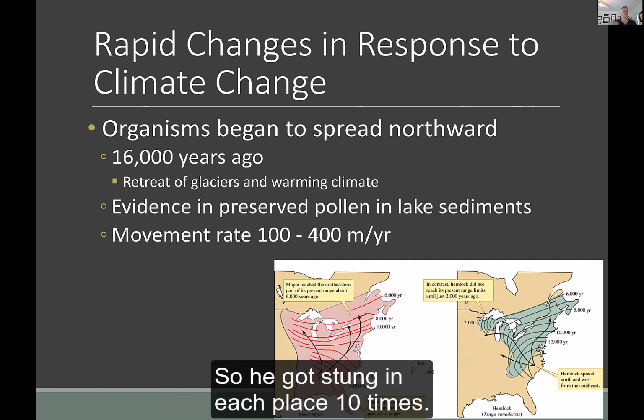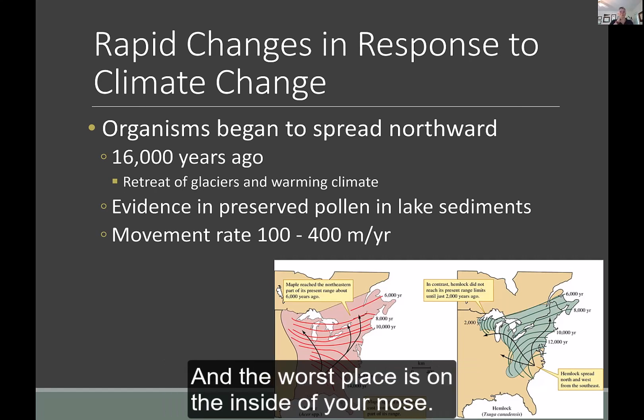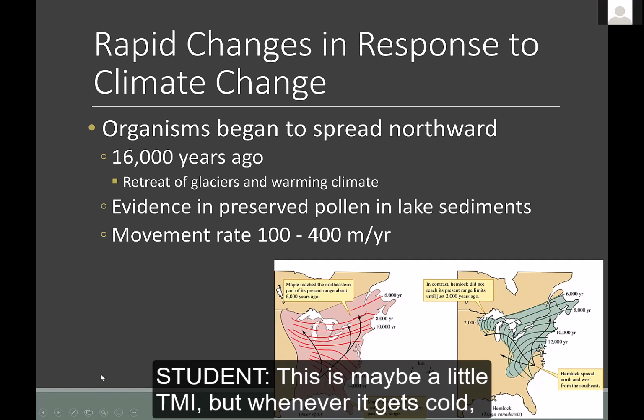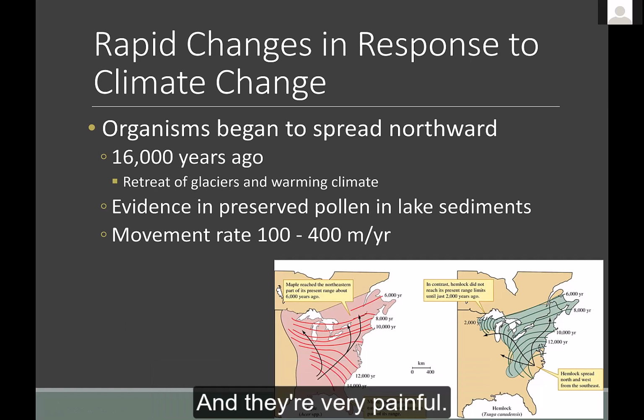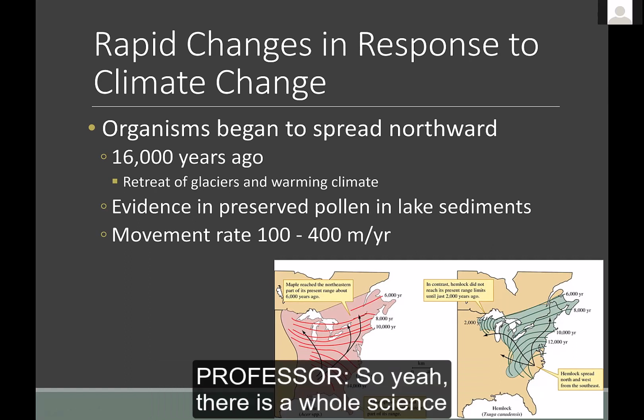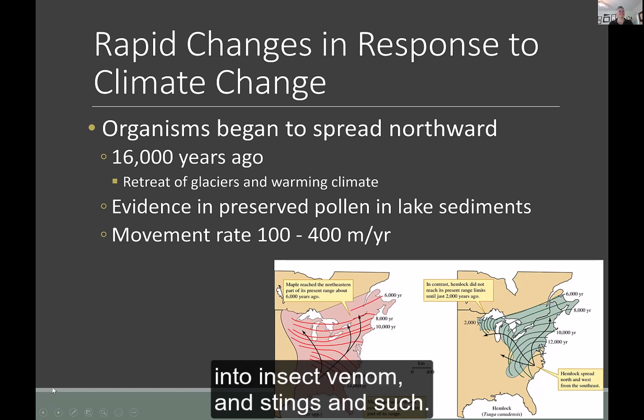So he got stung in each place 10 times, and the worst place is on the inside of your nose. This is maybe a little TMI, but whenever it gets cold, I tend to get cold sores in my nose, and they're very painful. So yeah, there is a whole science into insect venom and stings.